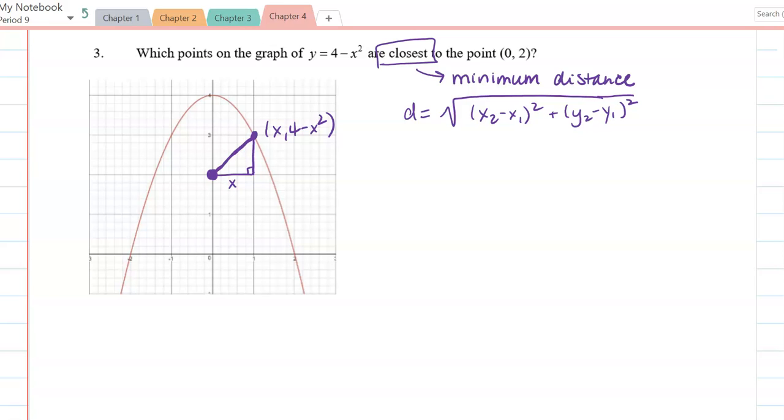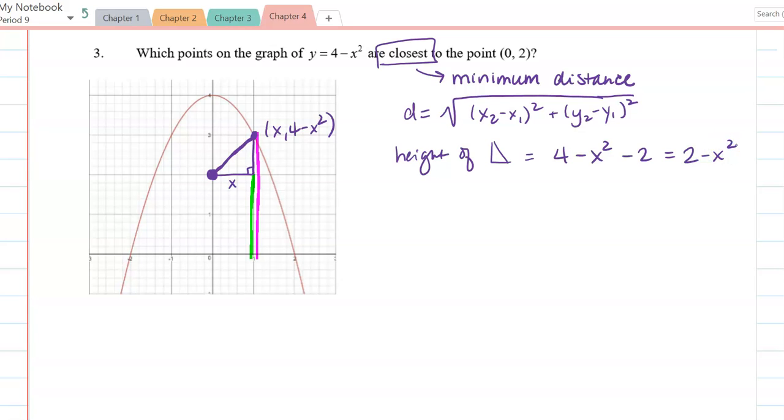And just like in the rectangle problem we had before, this represents the height of the parabola, and this represents the height of 2, right? Because every single point has to be figured out relative to the point 0, 2. So the height of my right triangle within here is 4 minus x squared minus 2, which is the same thing as 2 minus x squared.